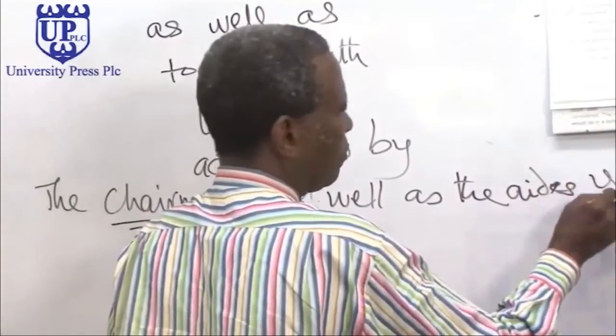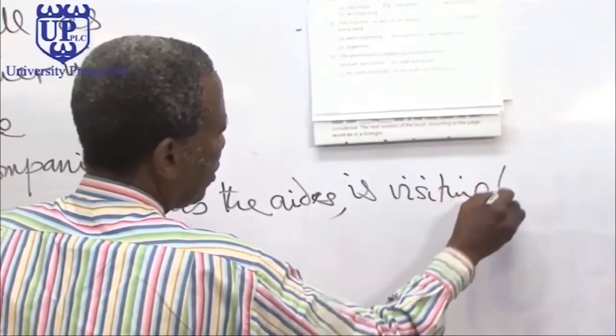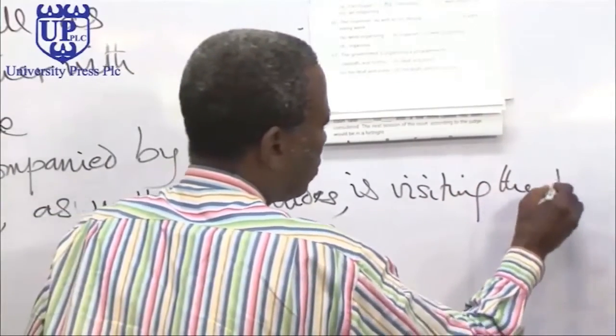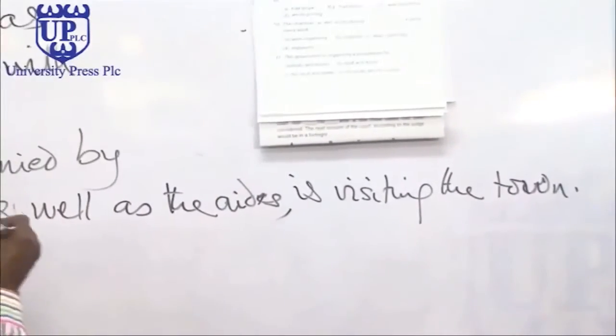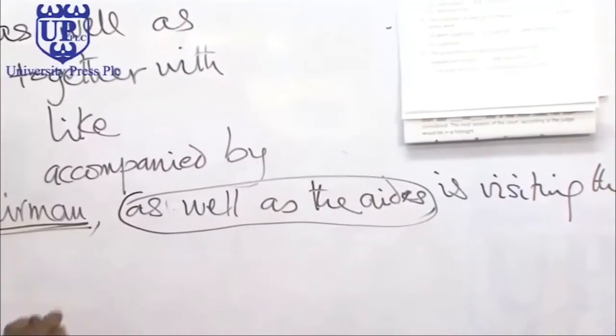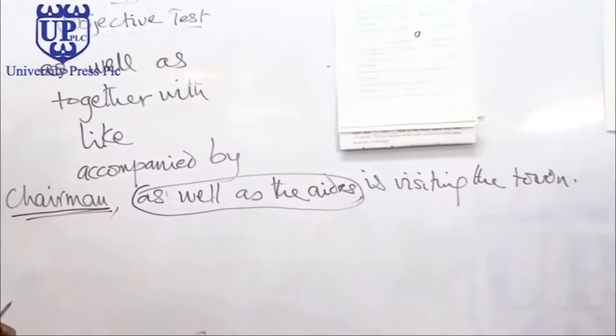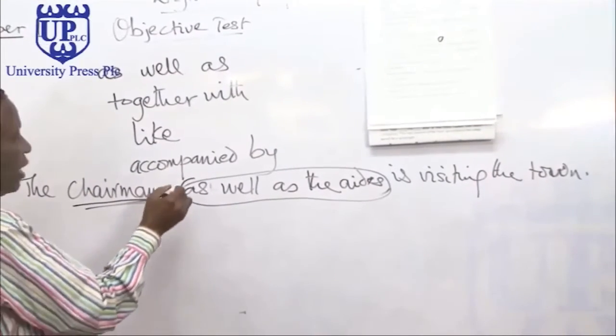Is visiting the town or the city. Because you can as well remove this one, and you have the sentence being very correct. The chairman is visiting this. So this is just an addition.